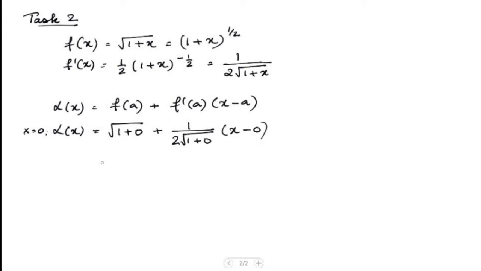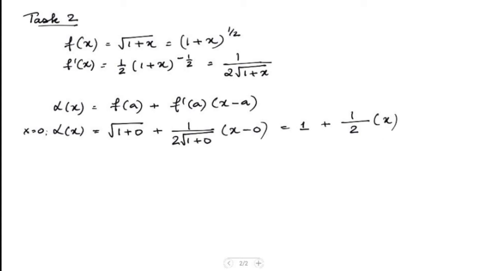So now L(x) will be root 1 over 1 plus 0, which is root 1, and root 1 is equal to 1, plus 1 over 2 times root 1, that's 1, so we have 2 here, and x minus 0 is x. So that's our formula for L(x).